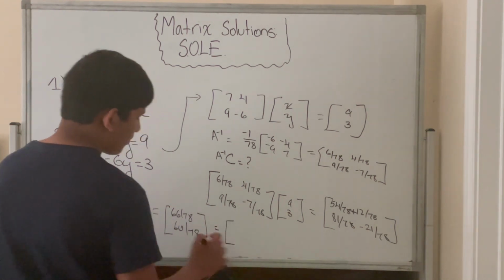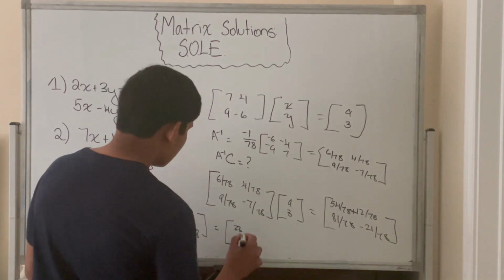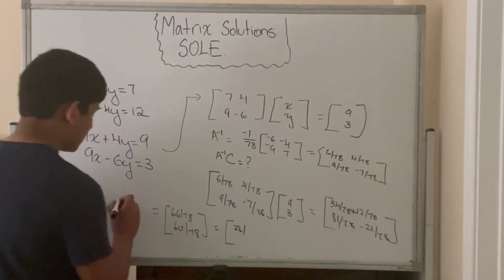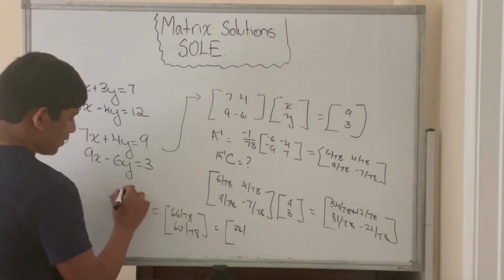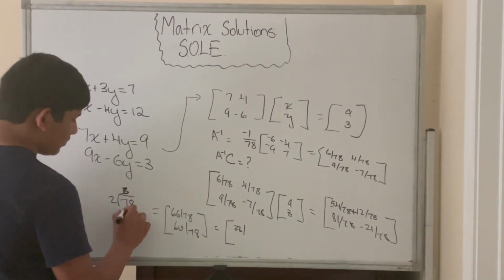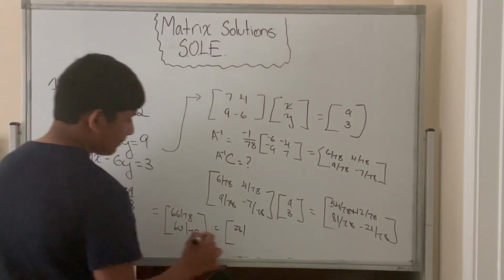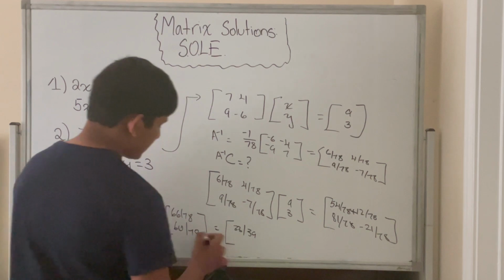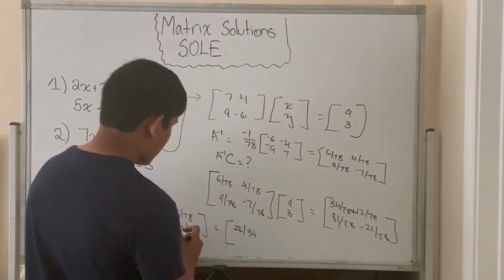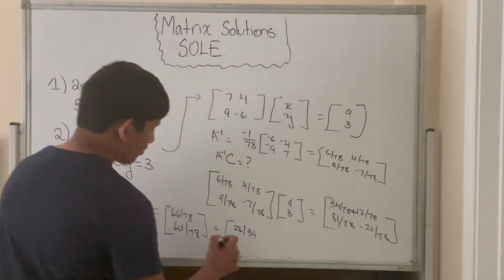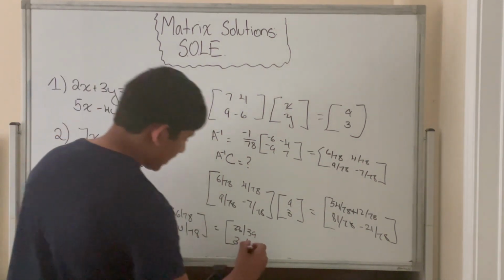Simplifying this furthermore, 66 divided by 2 is going to be 33. 78 divided by 2 is going to be how much? 78 divided by 2 is 39. So 33 over 39. 60 over 78 is just going to be equivalent to 30 over 39.